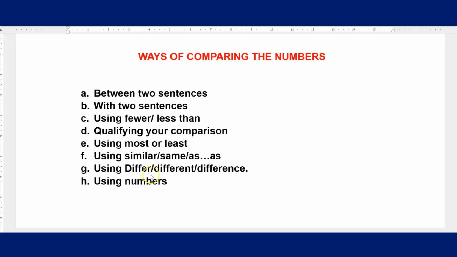We can also have words to show differences, and we can use other numbers as well. So these are the 8 methods that I'm going to teach you. As I said, you have several ways to do them. So let's go to the first one, how to compare between two sentences.